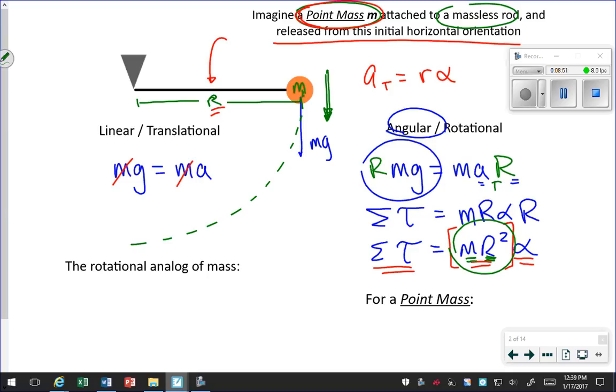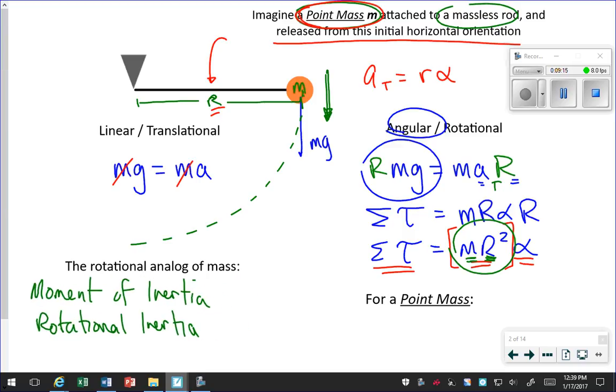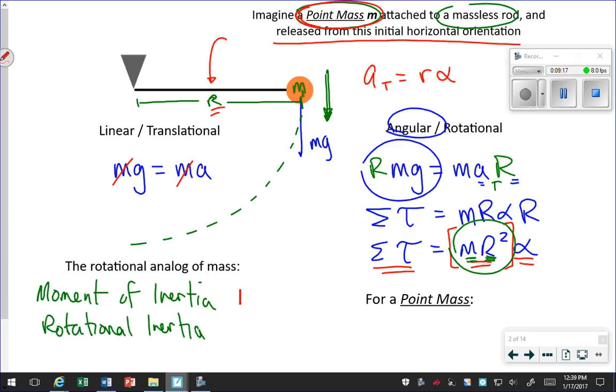And so there's this rotational analog of mass, and it's called two things. You'll see it both ways: moment of inertia and/or rotational inertia. Those are the same thing. And that is the variable capital I.